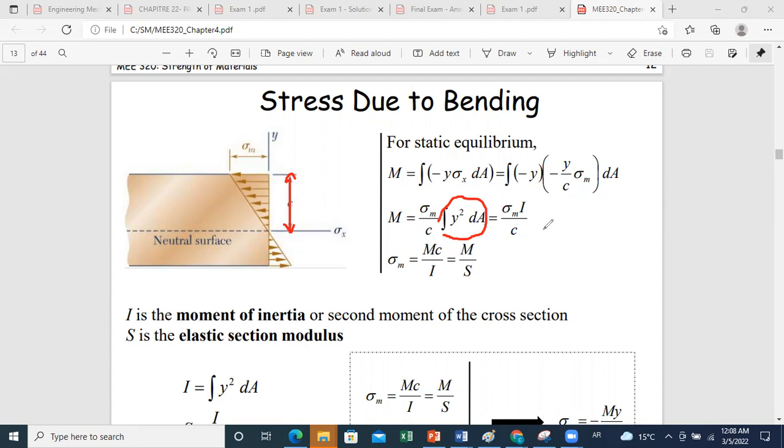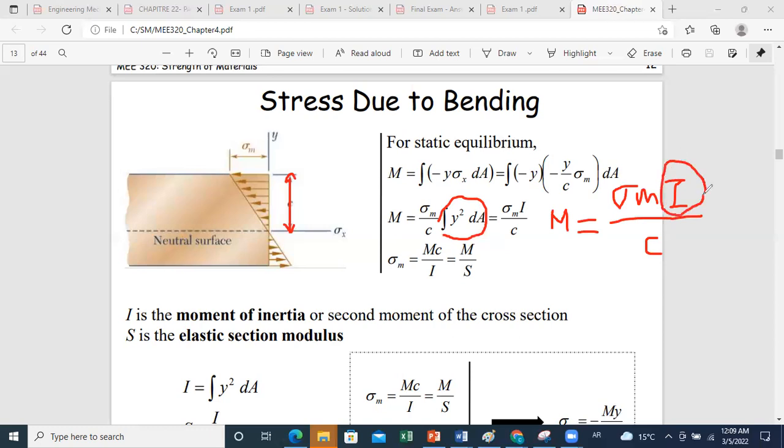So we can say that the bending moment can be expressed as the maximum normal stress times the moment of inertia I, about, of course, the neutral axis, over C. And we'll learn together how to determine I.